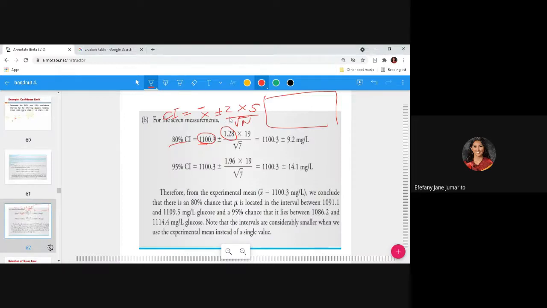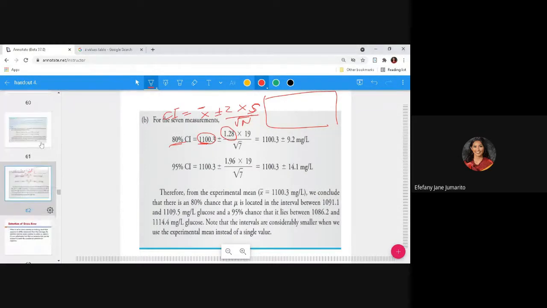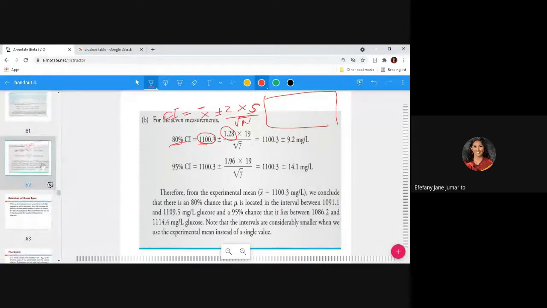Okay, so given this, this z value is given in a table. So I will give you that table. For 80%, that is 1.28. And then times, what is the standard deviation? When we say standard deviation, it is the deviation from the mean, from the standard. So that's why how deviated is your result with your mean.